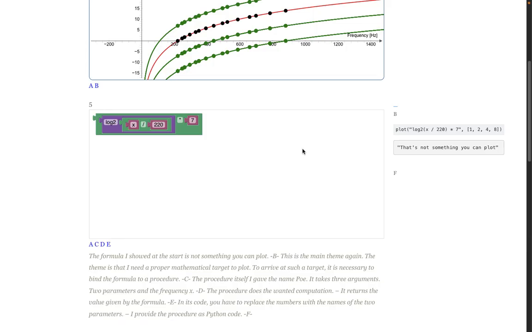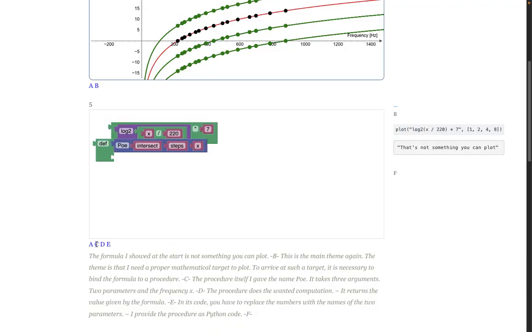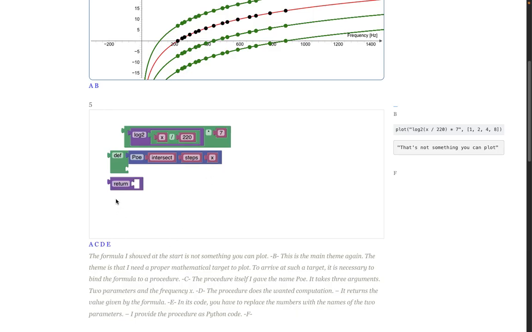To arrive at such a target, it is necessary to bind the formula to a procedure. The procedure itself I gave the name PO. It takes 3 arguments, 2 parameters and the frequency x. The procedure does the wanted computation.